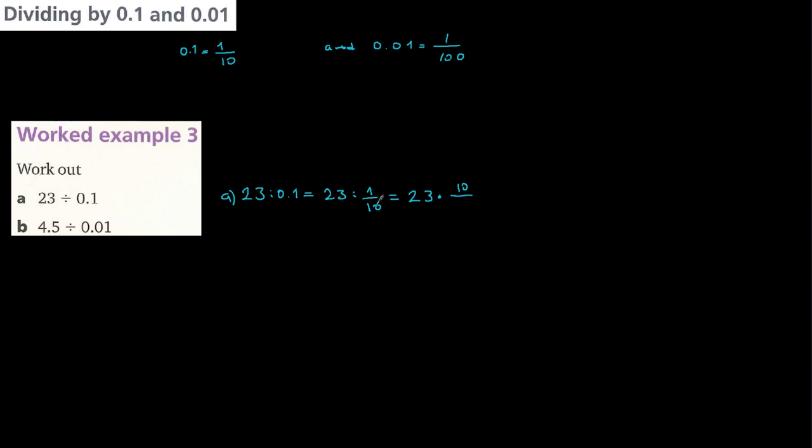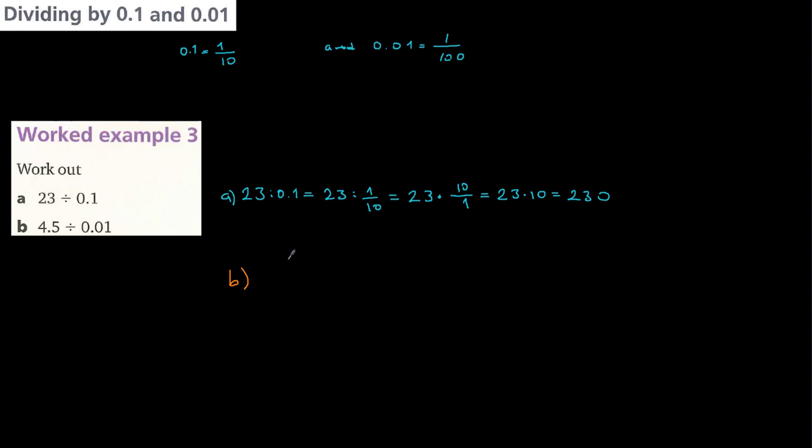So as you see, we are going to write 10 over 1. 10 over 1 is equal to 10. So this is 23 times 10. It becomes 230.